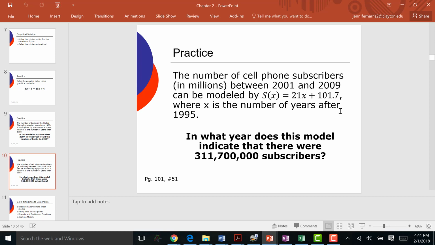And I end up with what year? 2005. And that answer is, in 2005, there were 311,700,000 cell phone subscribers. Done.